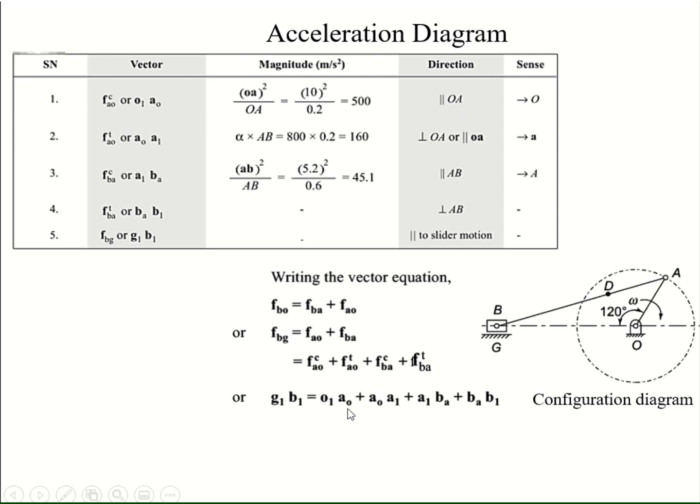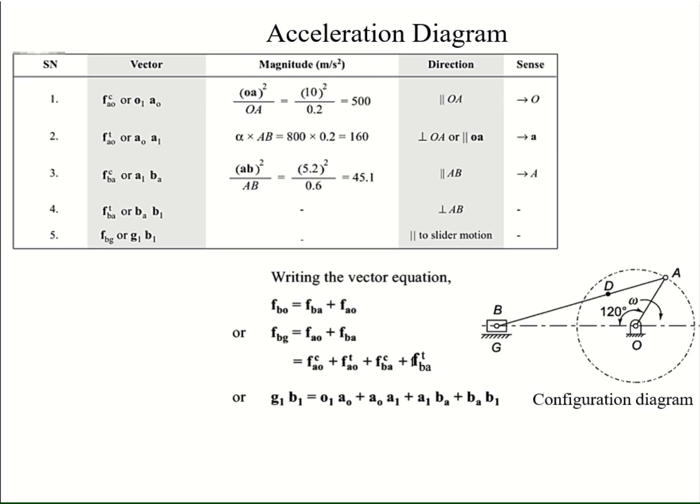So once we have found all the vectors, we can now formulate this table, which helps us keep the necessary components ready for drawing the acceleration diagram. Centripetal acceleration of AO can be found very easily with this formula, and it comes out to be 500 meters per second square.